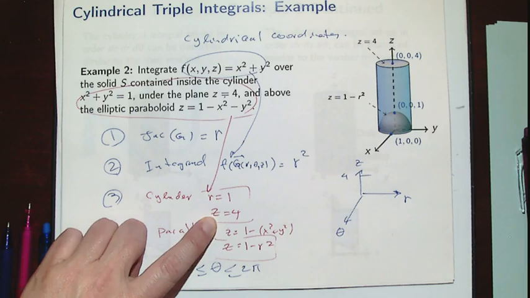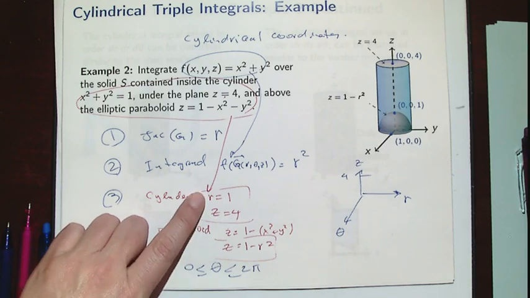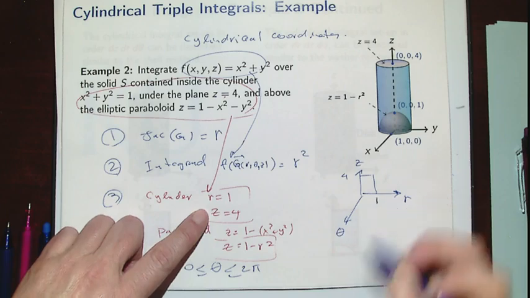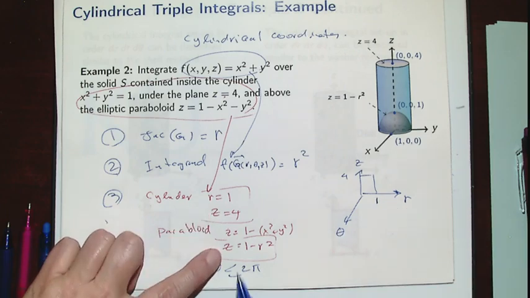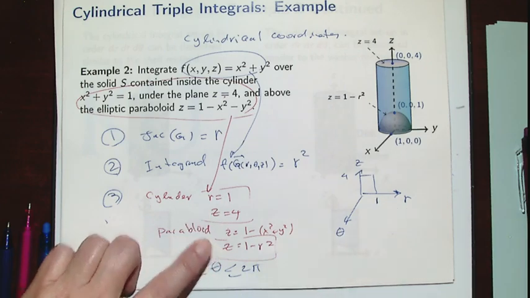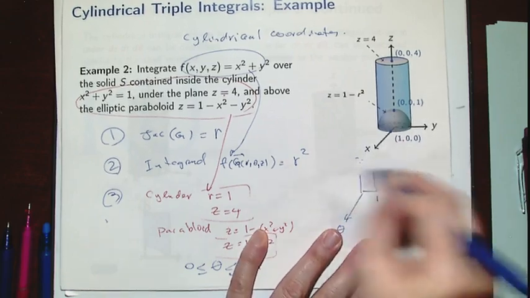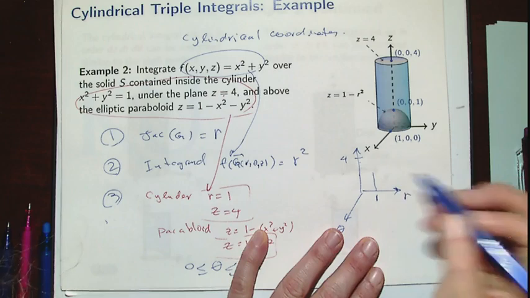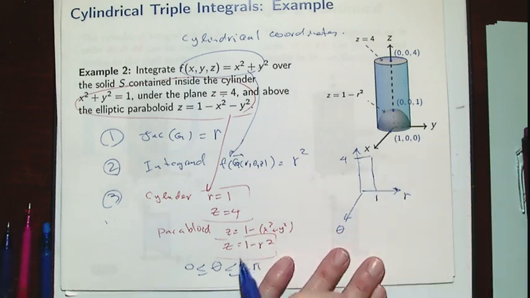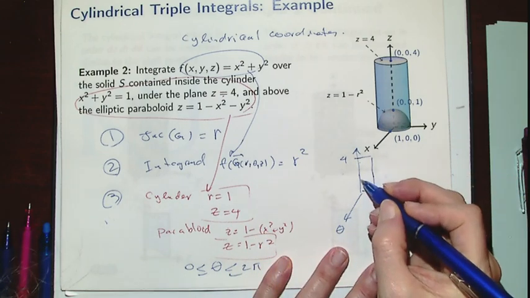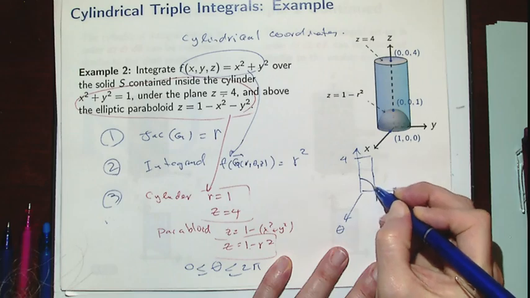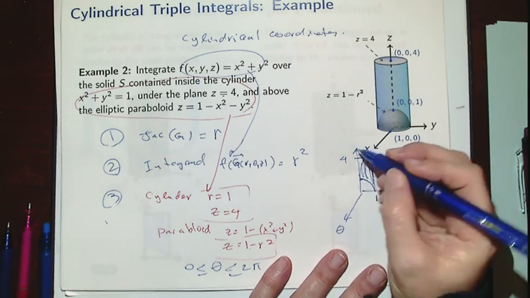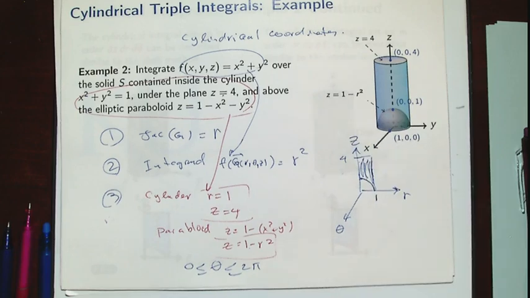And then I have R equal to 1. And then I have 1 minus R squared, which looks like that. So that's the projection on R and Z.